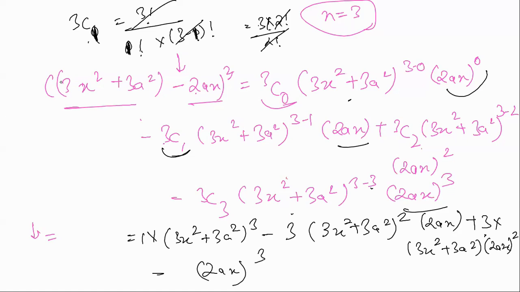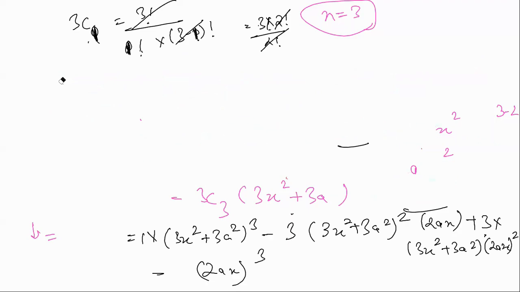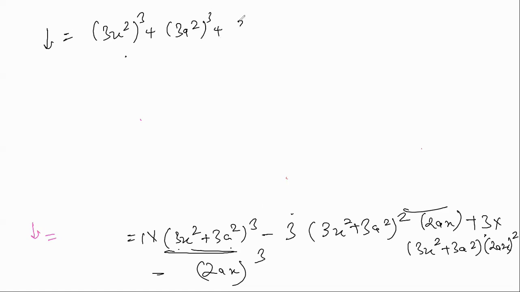Now let's solve it further. I don't require this one now, so I'm removing it. Let's move further. The left hand side is equal to: open this cube, (a + b) whole cube, that is a³ + b³ + 3a²b + 3ab², right?